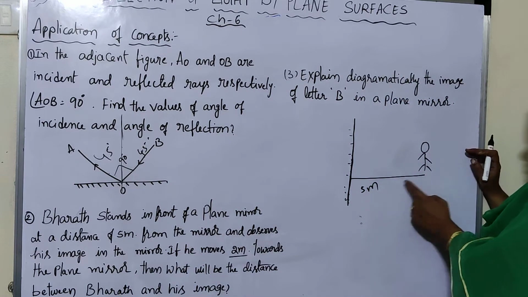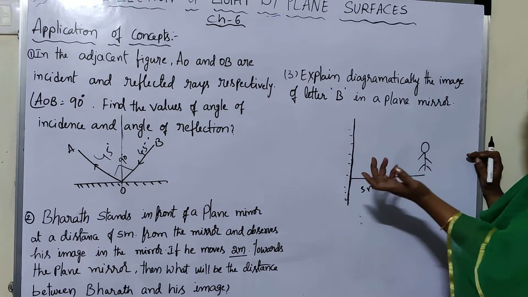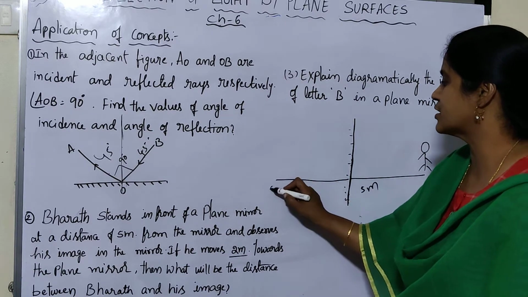Initially he is at a distance of 5 meters. If he observes his image through the mirror, obviously where does he get his image? At a distance of 5 meters.